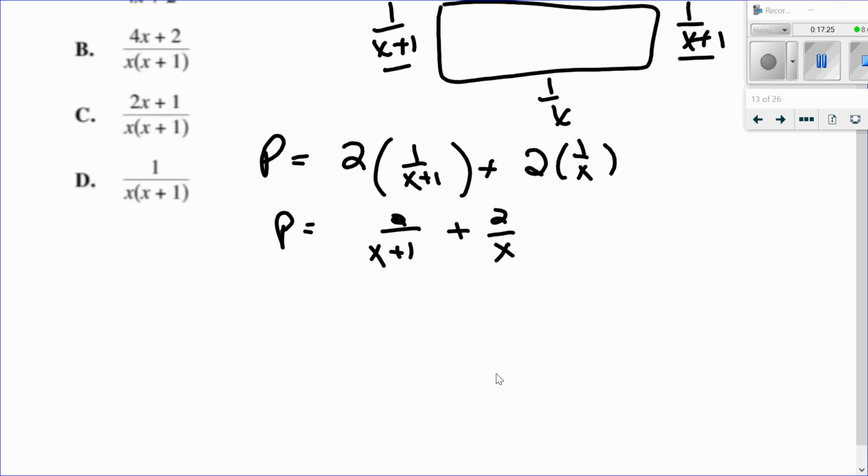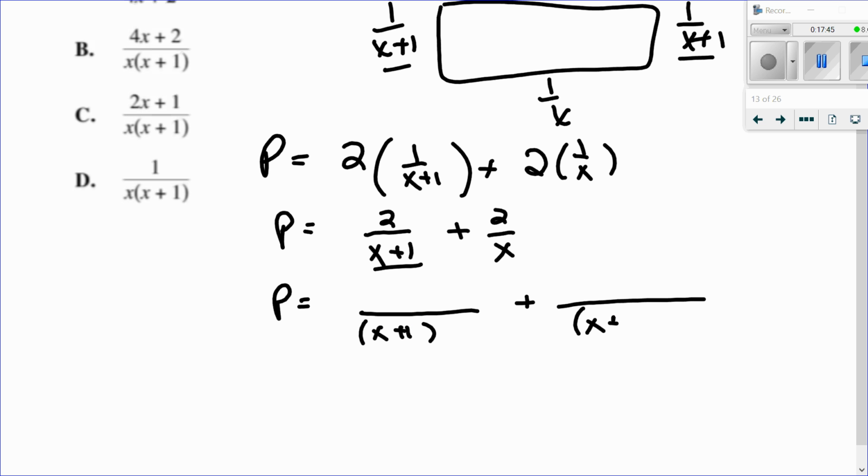So all I have to do now is just combine these with a common denominator, because the only way I can add is with a common denominator. Okay, let's try this. So my common denominator, I'm going to need a factor of x plus 1. And I'm also going to need a factor of x, so I need one of each factor. So looking at this denominator here, it's missing a factor of x, so I multiply top and bottom by x.